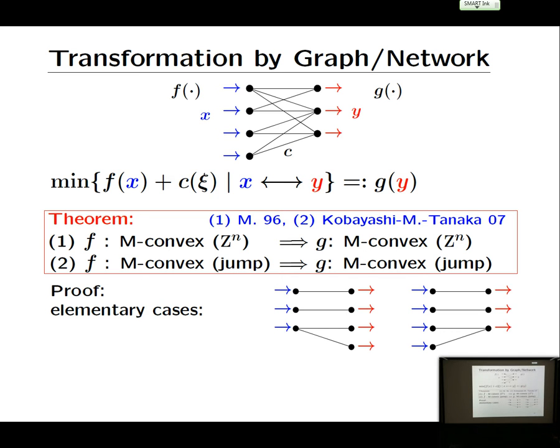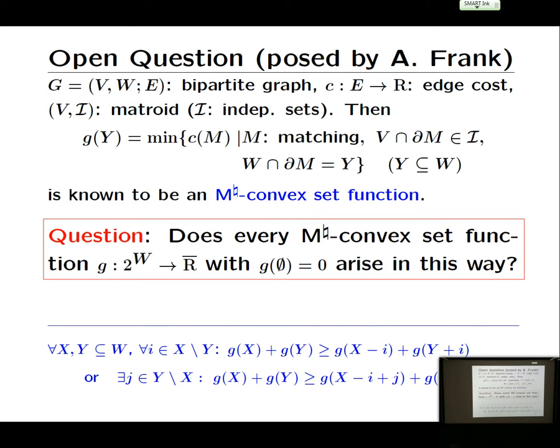And now the big question. The question is, is this construction general enough? So again, given the graph, the edge cost and the matroid, so now we don't have any function on the left side.